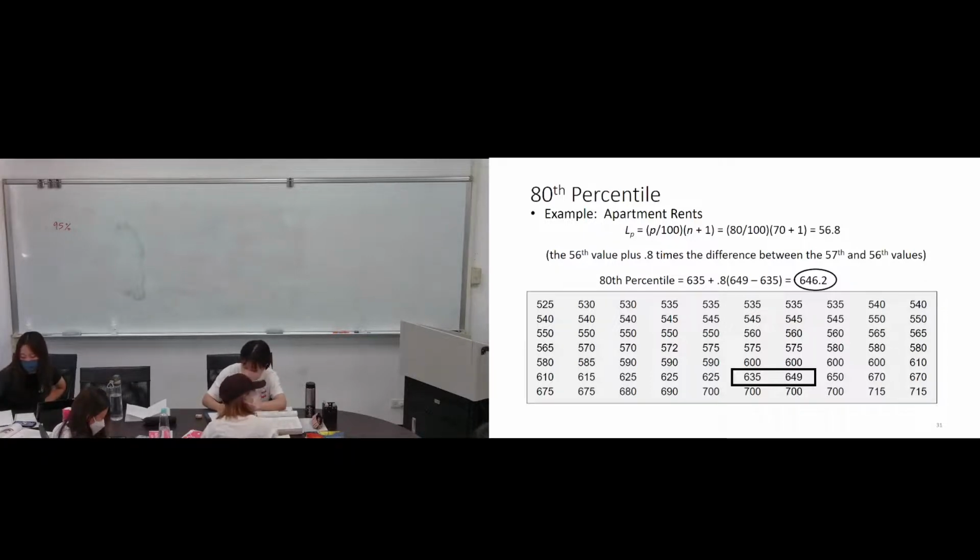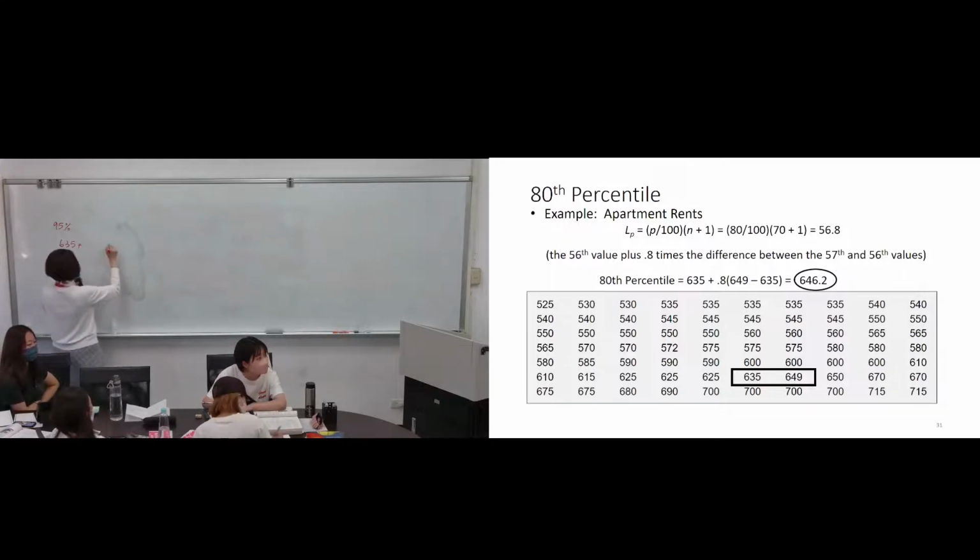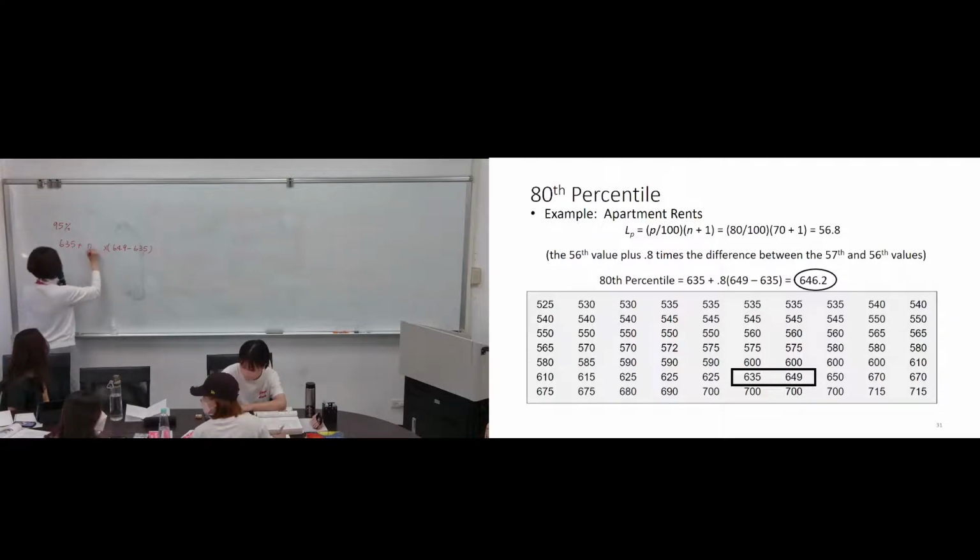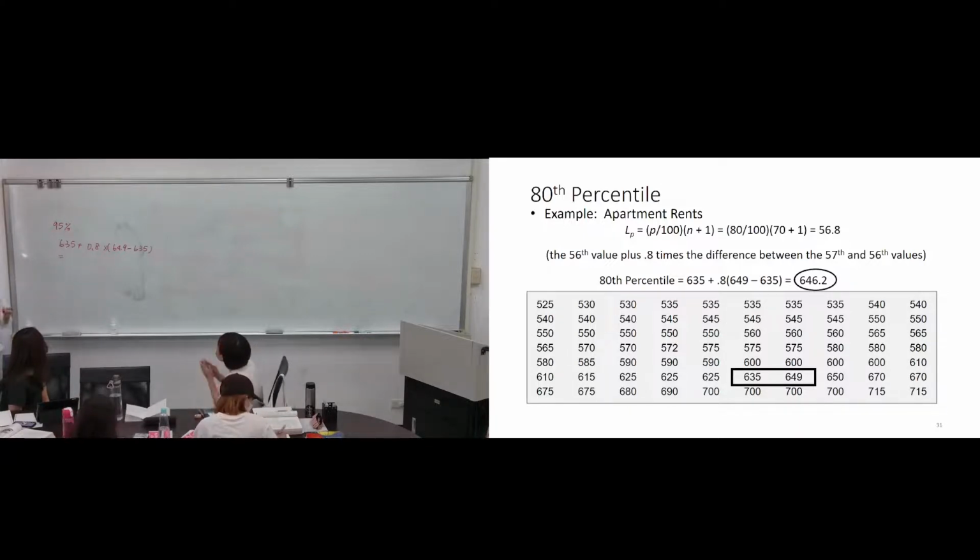We add 635, and then find the difference between 635 and 649, and multiply the difference between these two values by 0.8. That's how we find the 80th percentile value.